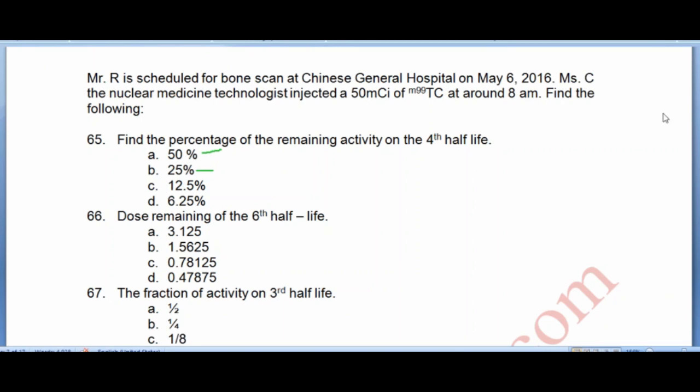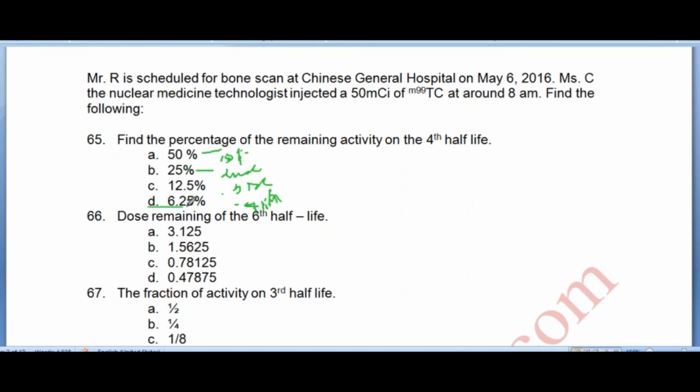Let us repeat: this is the first half-life, this is the second half-life, this is the third, and this is the fourth half-life. So first, second, third, fourth.